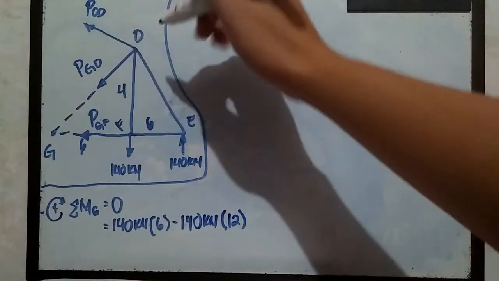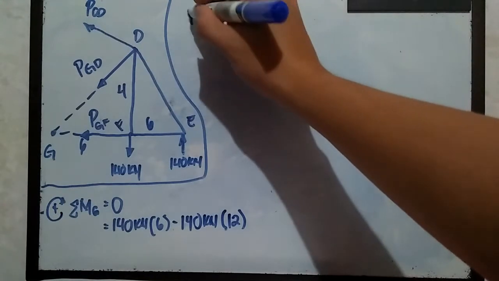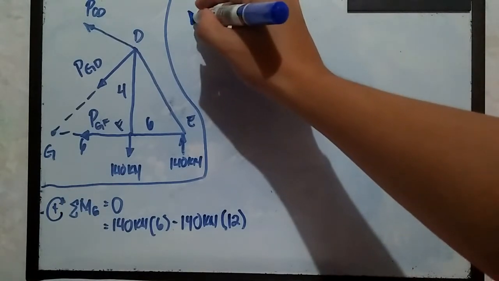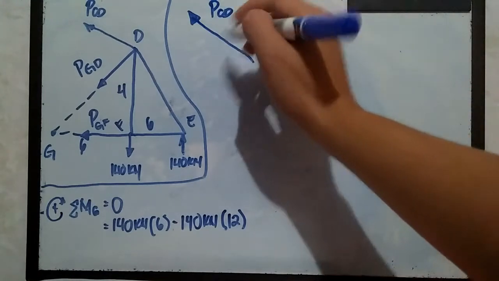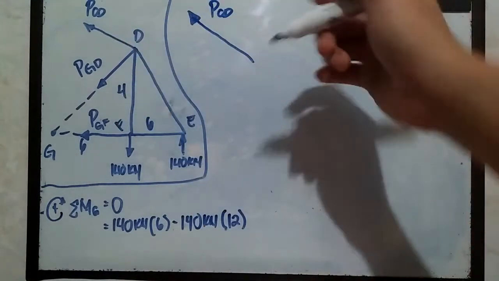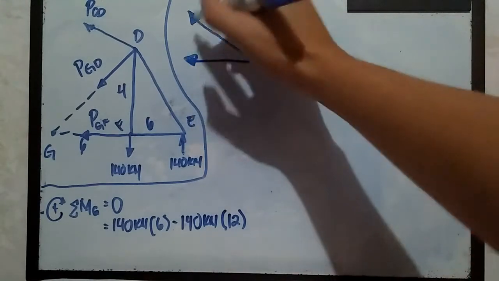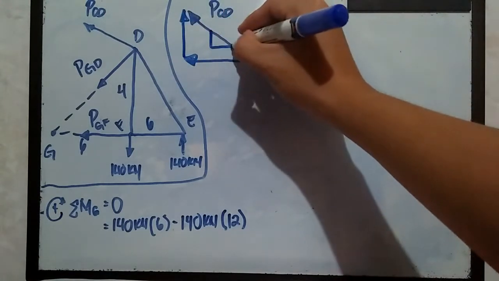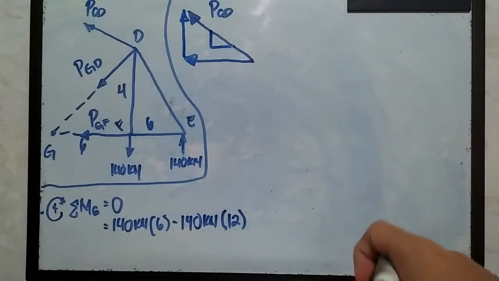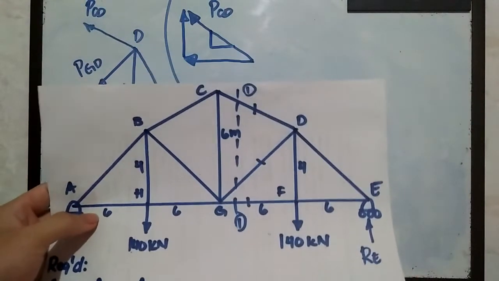And we have this also, P sub CD. It has both x and y components. So I'm just going to draw it here. If this is the resultant, P sub CD, it has an angle. This one is for the x component, and this one is for the y component. So let's look here in our free body diagram at what the slope would be.